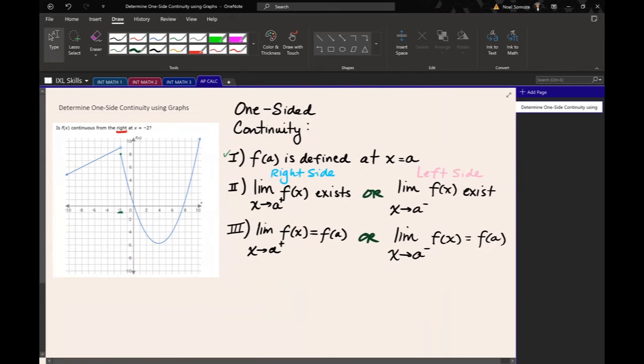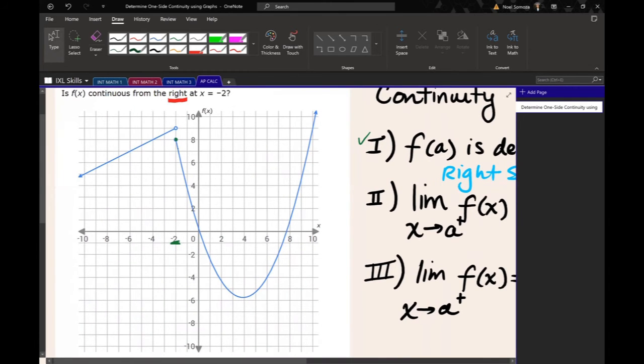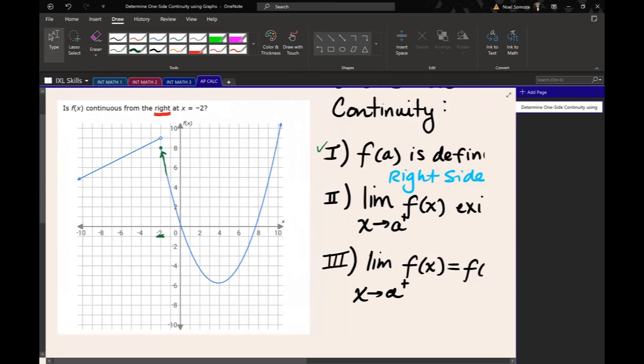Now we have to look, since we're only looking on the right side, does the limit of f of x exist as it approaches from the right side? So if we're approaching -2 from the right side, are we approaching a certain value, right? And it looks like the limit here is going to be 8.